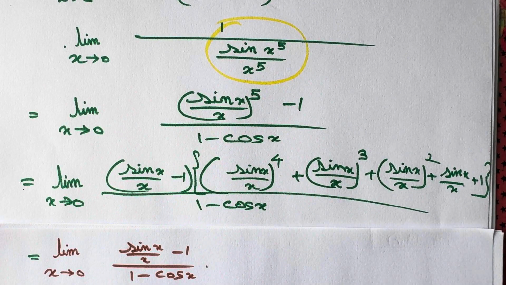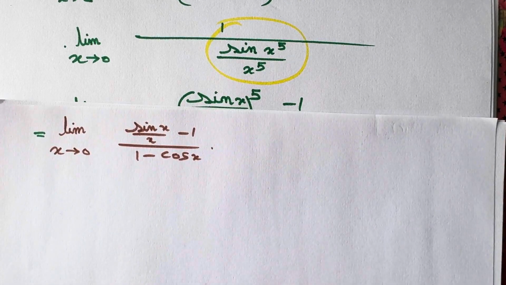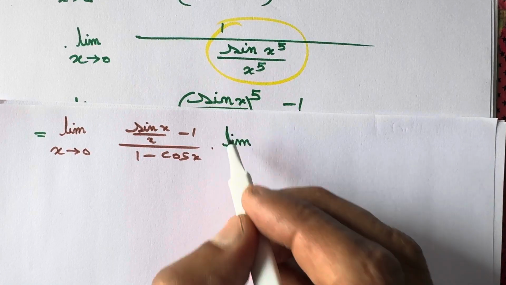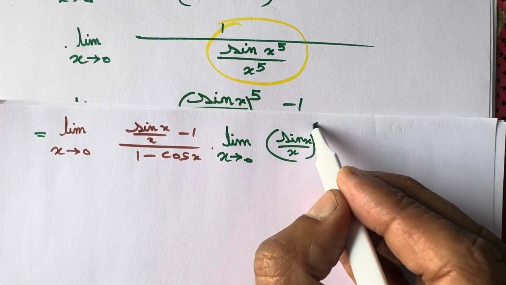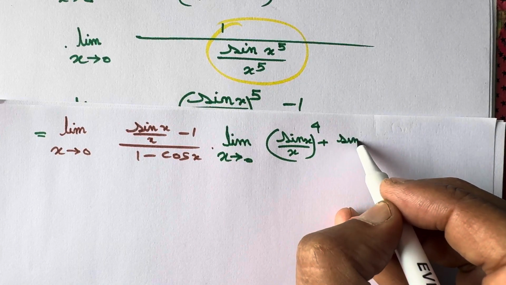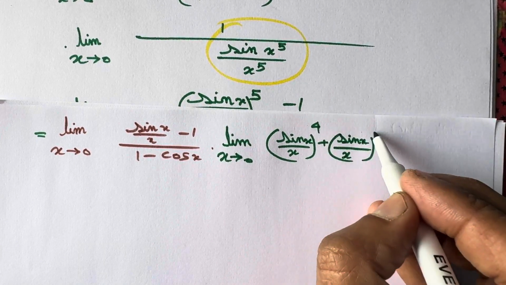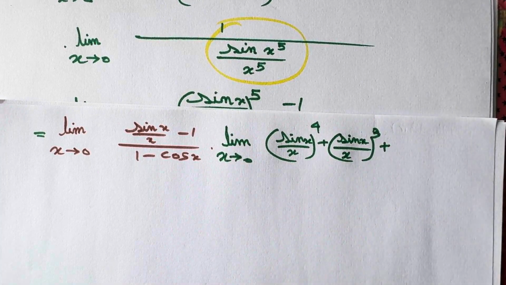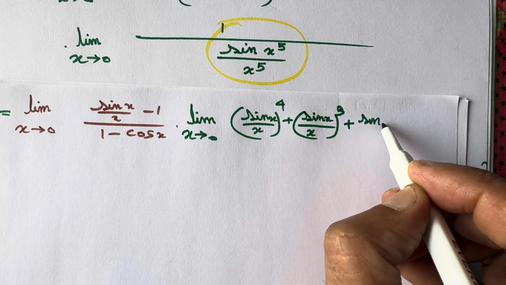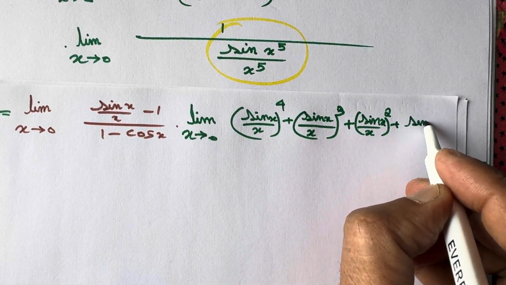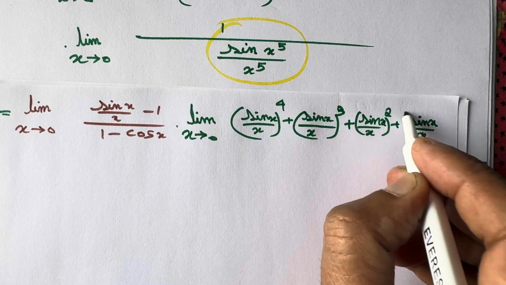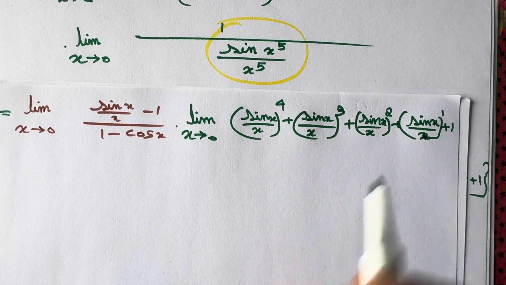So we write limit x tends to 0, (sin x by x minus 1) divided by (1 minus cos x), to be multiplied with limit x tends to 0, (sin x by x)^4 plus (sin x by x)^3 plus (sin x by x)^2 plus (sin x by x)^1 plus 1.